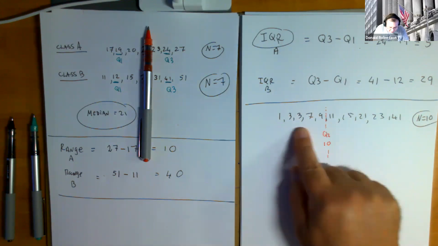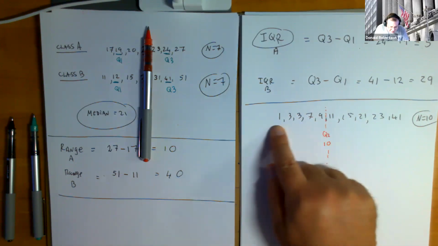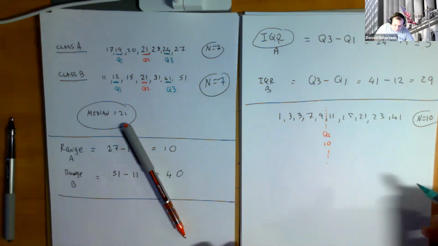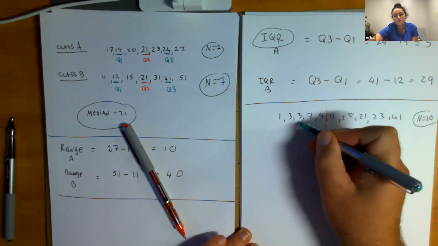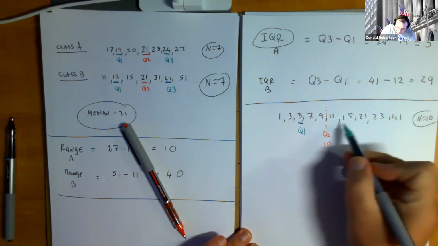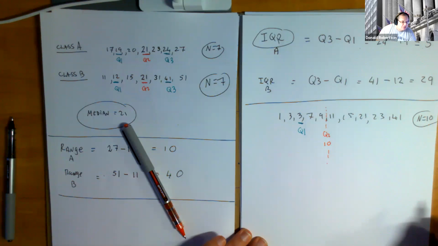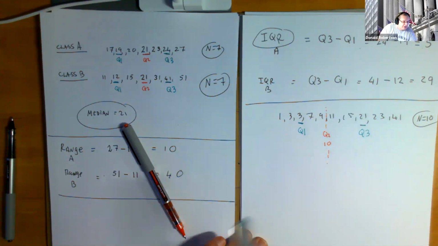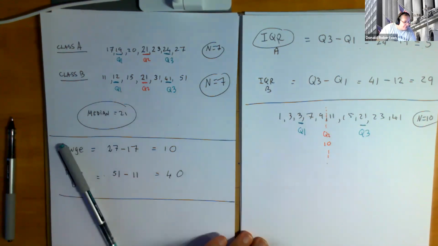Now, of the lower half, which one of these numbers is Q1? 3. You all agree it's that 3 there? On the big side, which one of them is Q3? 21. Do we feel comfortable about how you would create this, when it's a small data set?